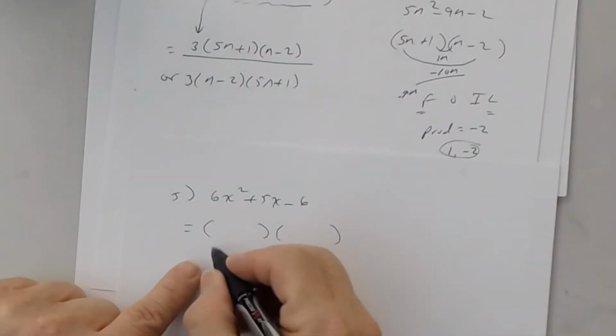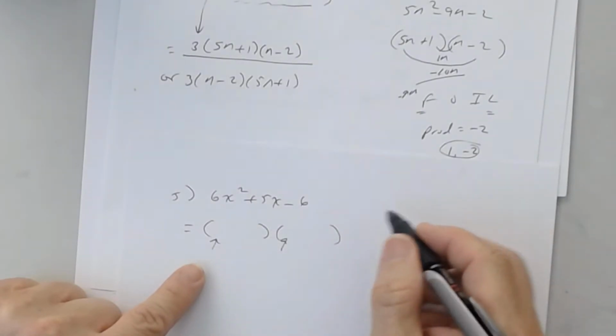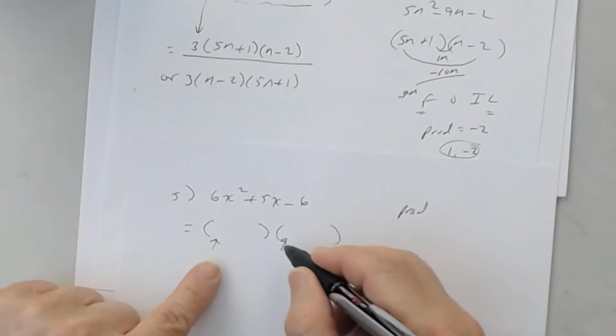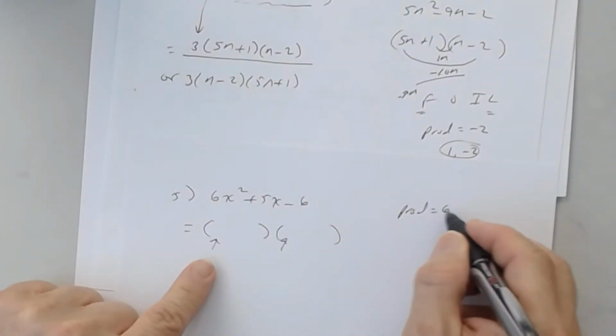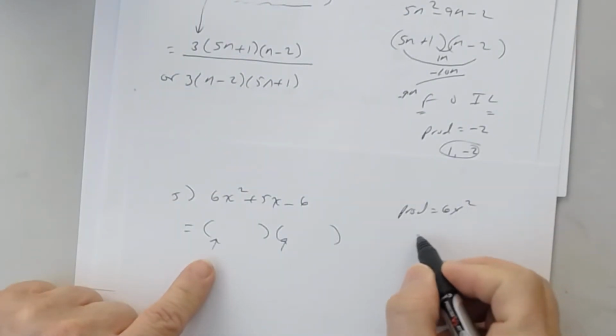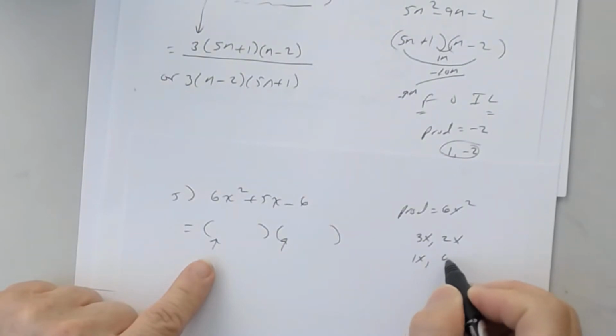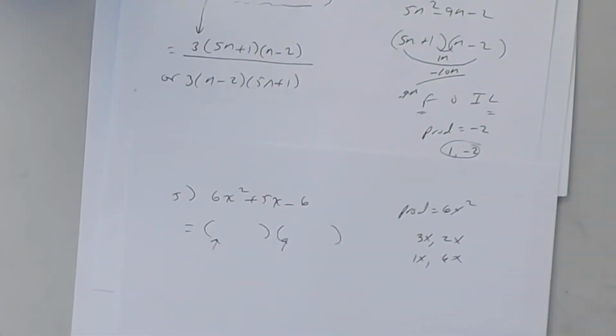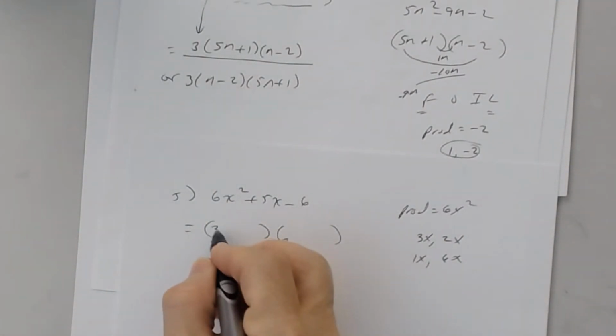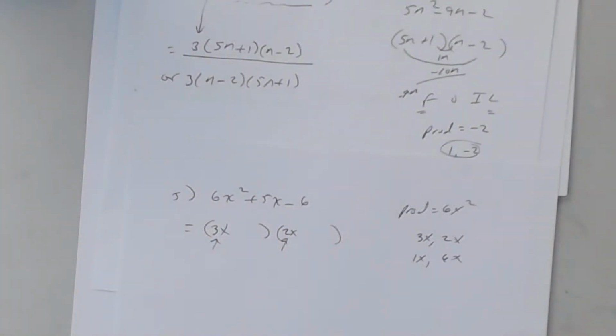So for 6x squared, what are the possibilities for this first times first to have a product of 6x squared? 3x, 2x or 1x, 6x, right? Which one do you want to try? 3 and 2. Put the numbers close together on the number line. Doesn't always work, but try that first. 3x, 2x. So far my F is okay for FOIL.